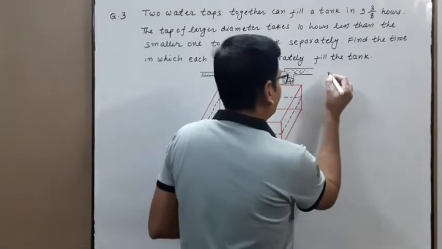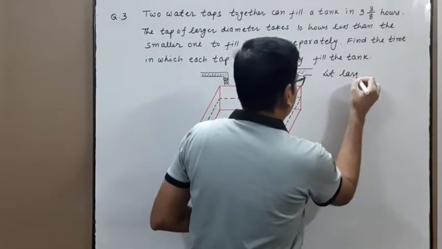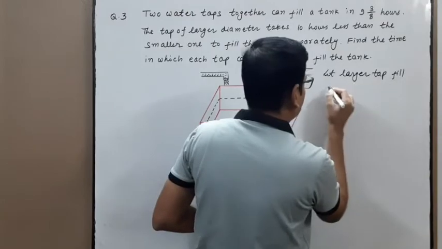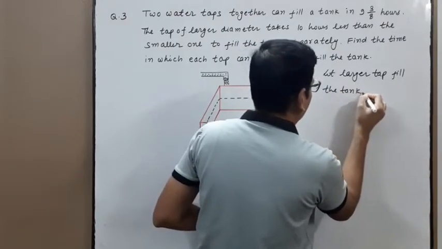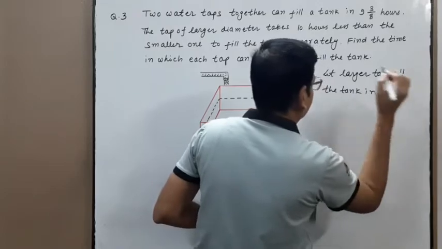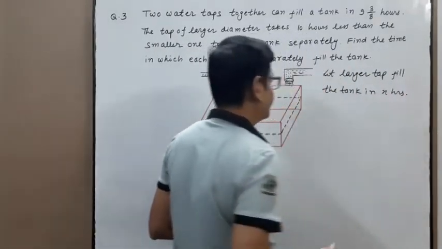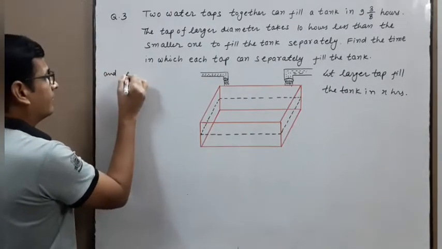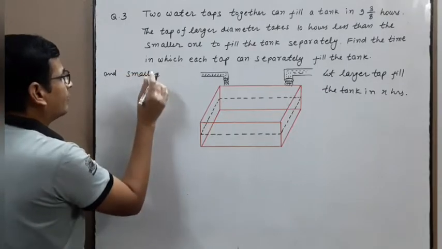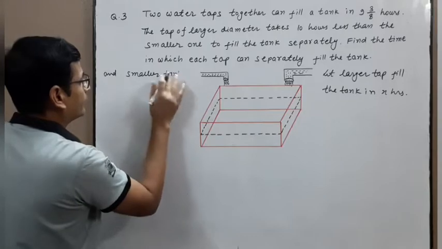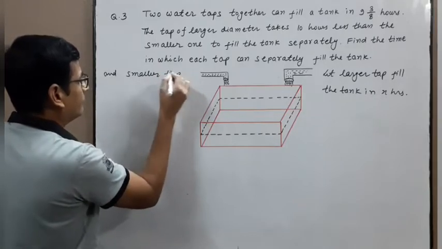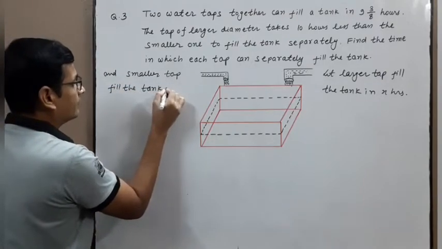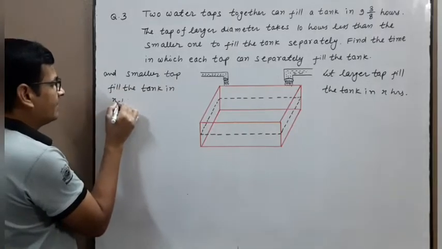So first, let the larger tap fill the tank in x hours, and the smaller tap fill the tank in x plus 10 hours.